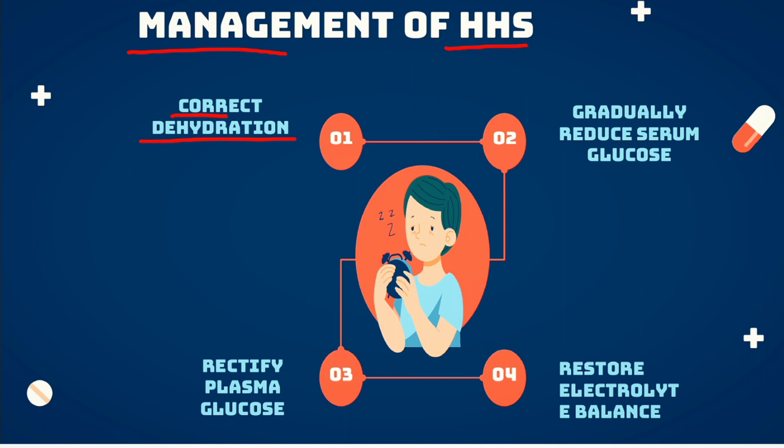Apart from that, we need to correct the serum glucose level, which is a contributing factor for the development of HHS, and ultimately we need to rectify this plasma glucose condition, as we have seen that in HHS there is a hyperglycemic condition, so we need to decrease this glucose level in the body, and apart from that we need to restore the electrolyte balance in this patient.